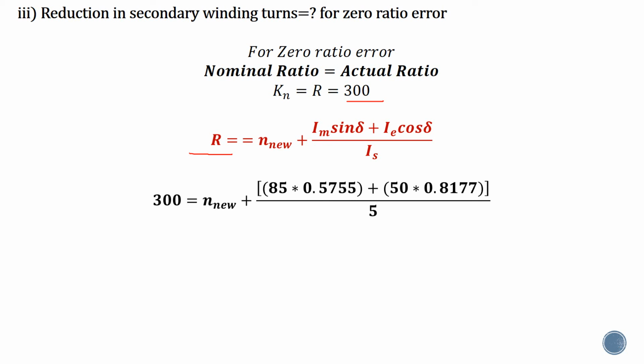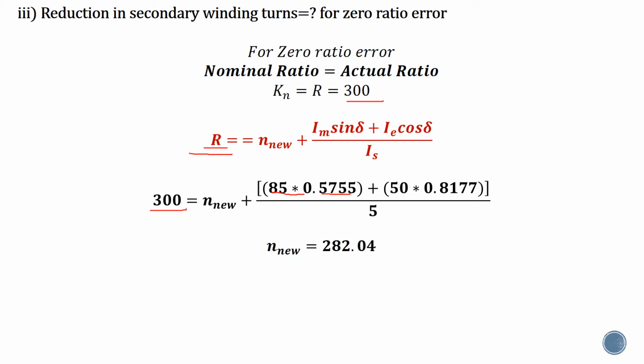Substituting the values, R as 300, Im as 85, sin delta as 0.5755, I as 50, cos delta as 0.8177 and Is as 5. These are old values only, just the R value has changed and it's substituted as 300.